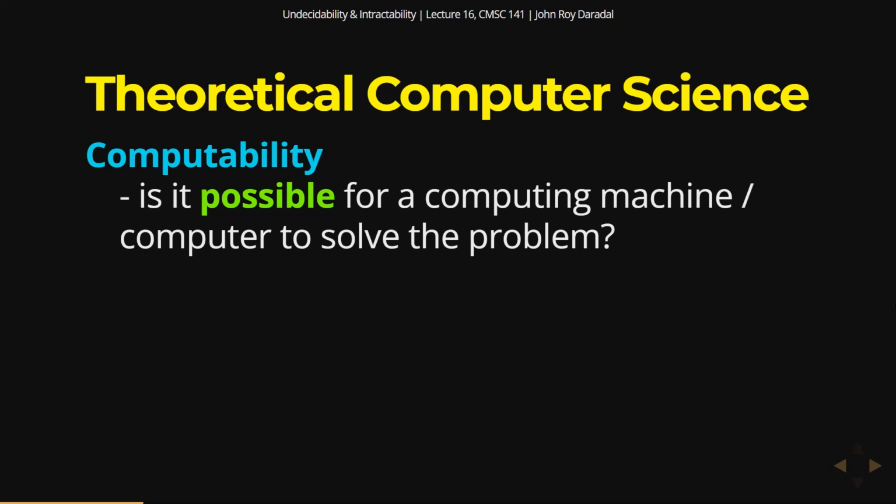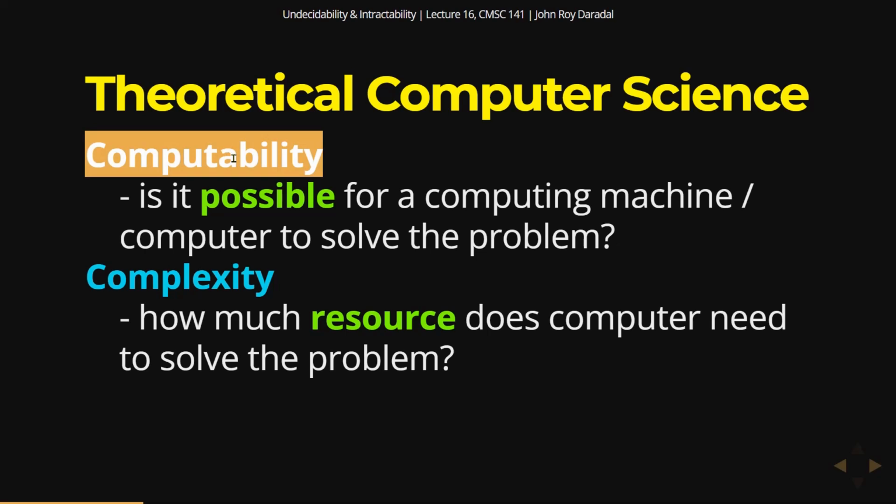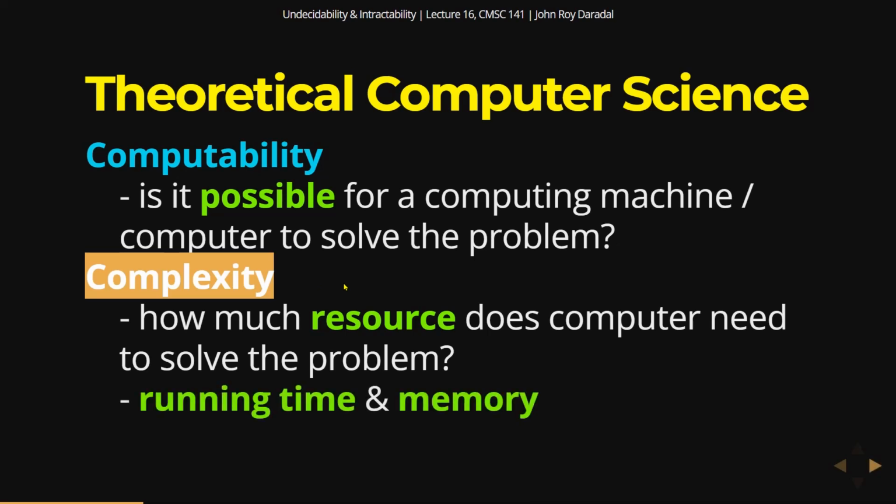Whereas complexity focuses on how much resource the computer needs to solve this problem. So for computability, is it doable or not? For complexity, if it's doable, how much time and memory will I need to solve the problem? That's the difference between the two.